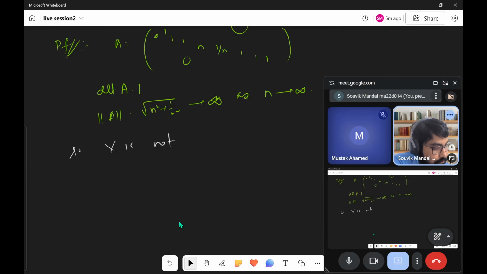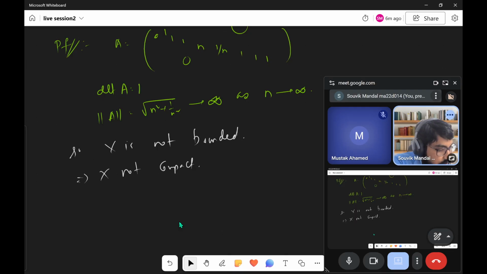Okay, so this is the argument. So determinant A is equal to 1 given that X is not bounded. So that means X is not compact.